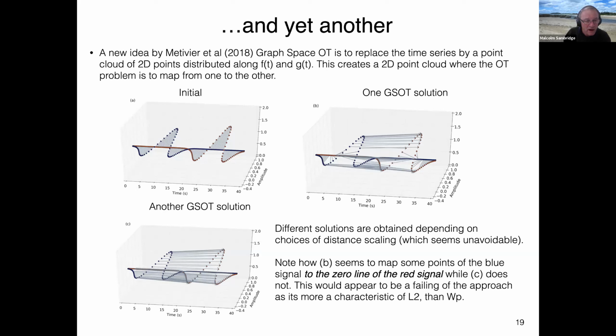So you put a set of masses on your observed and predicted waveforms here. And rather than trying to map the curves, you try and map the points in 2D. Now they're just locations. Positive and negative don't actually mean anything. You're mapping points. And this is what the group calls graph space OT. And they've implemented this, and it works better than earlier attempts at the same thing.